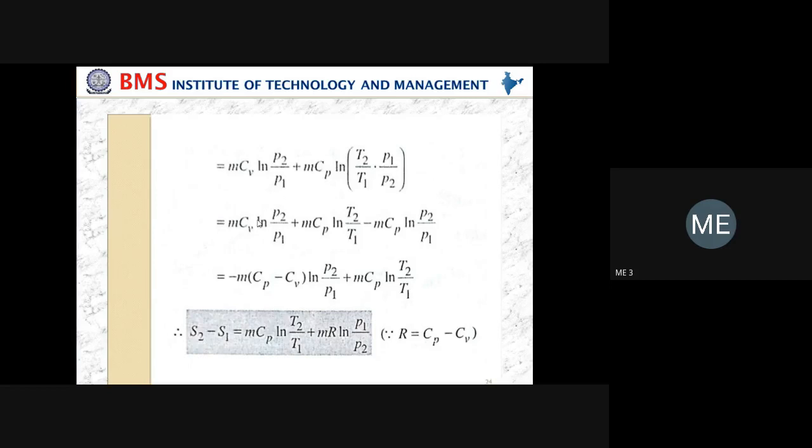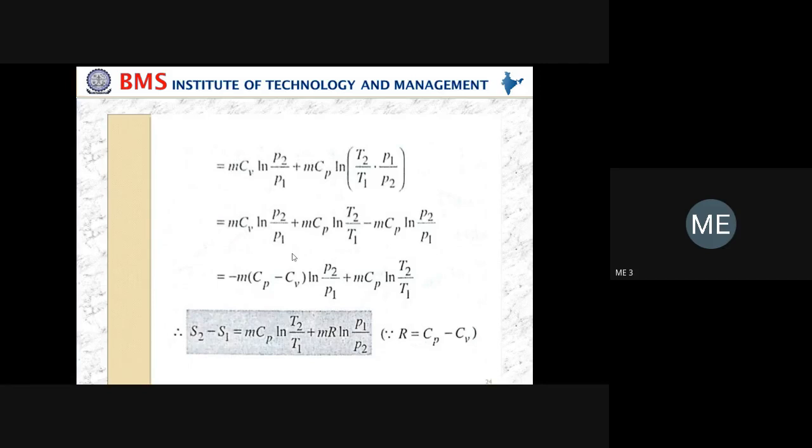Next, you have to split this term. I can rewrite it like this: mCp ln T2 by T1 minus mCp ln P2 by P1. Both have the same meaning.